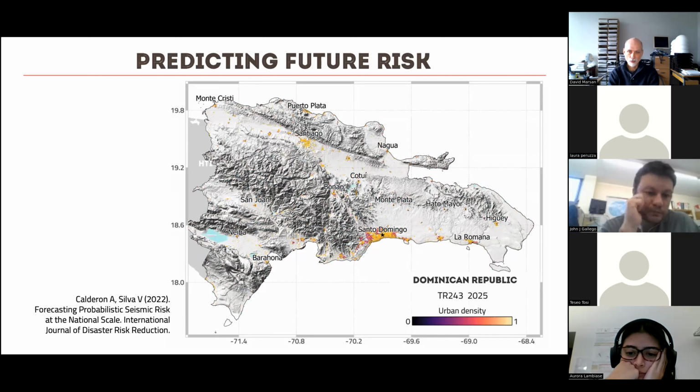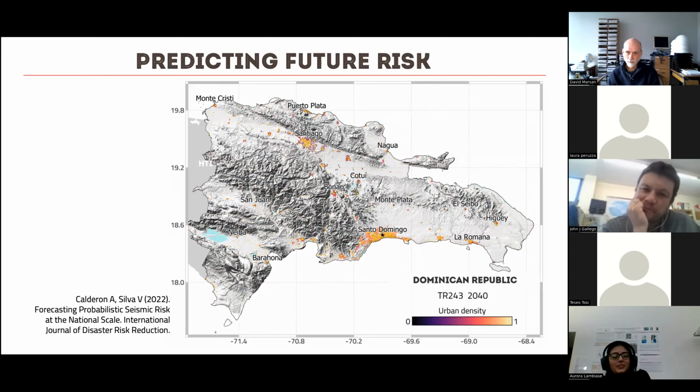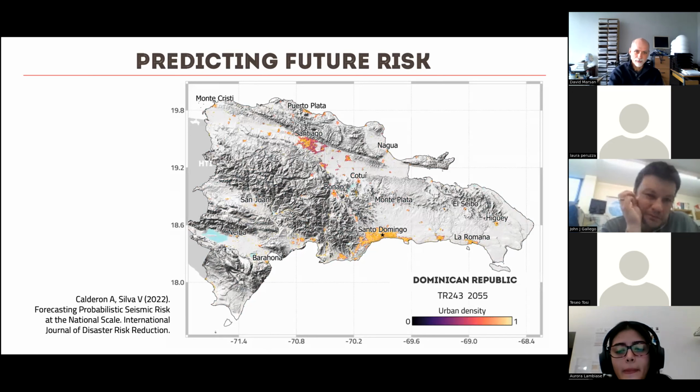So we just predicted exposure models for the future for 2030, 35, and 40. And then I grab my seismic hazard model, my exposure model, my vulnerability, which I will talk about in a second, and I calculate earthquake risk for 2035, 2040, 2045, 2050. So instead of calculating risk just for the exposure that exists today, I use the exposure that I'm expecting to exist in the future.